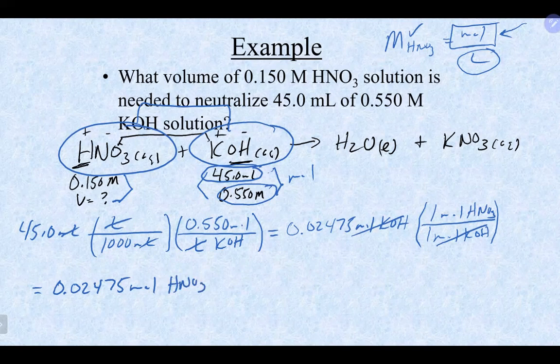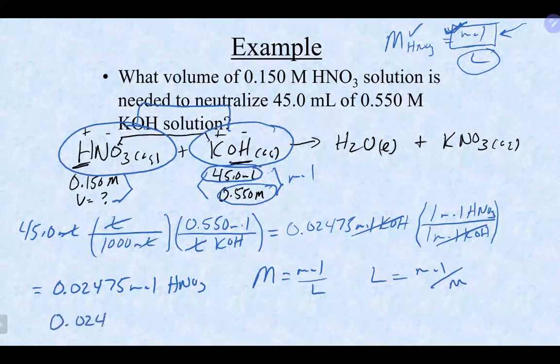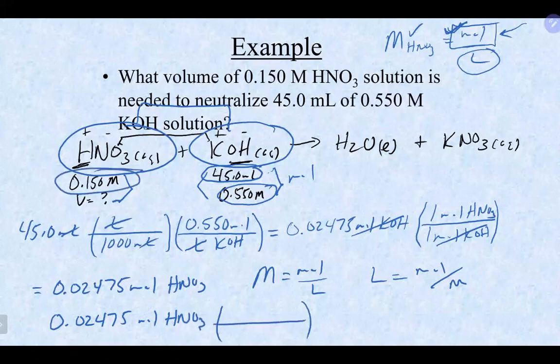Now that we have the moles of nitric acid and the molarity of nitric acid, we could use the molarity equation to solve for liters. Liters would equal moles divided by the molarity. So using our moles here that we just calculated, using the molarity that was given to us for the nitric acid, which is 0.15.